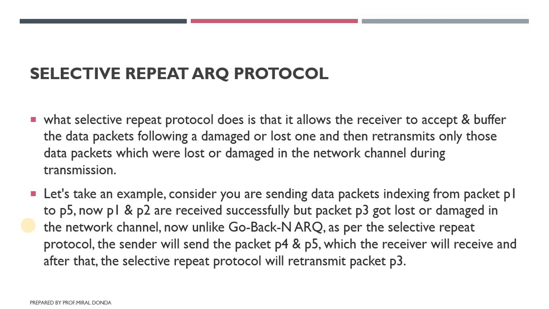Only 3 is lost, so the selective repeat protocol will only transmit packet P3 to the receiver. Here we are not transmitting multiple packets for one lost data packet. This is how we can save our bandwidth, and this drawback of go back N ARQ protocol is resolved here.